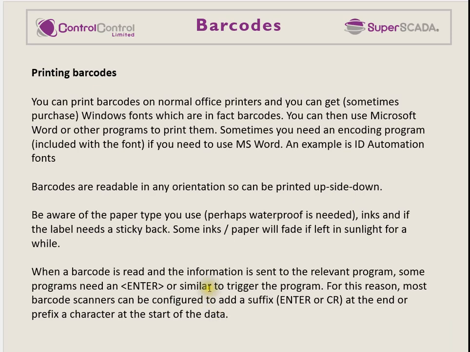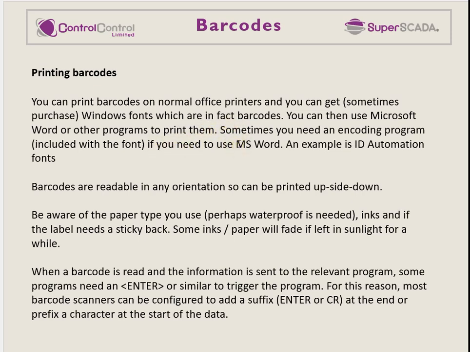So printing barcodes, you can print barcodes on normal office printers, and you can buy Windows fonts which are in fact barcodes, and then you can print them out on a document. Sometimes you need an encoding program.